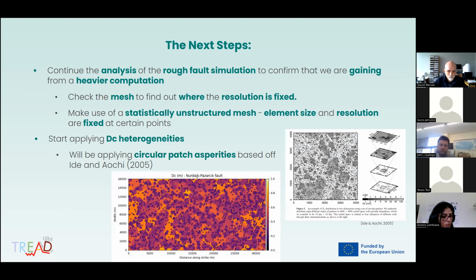And I've also more or less started the beginning phase of trying to vary DC, where we're actually going to follow an approach taken by Ida and Ohnaka, where they applied circular patch asperities. So basically, to have a complete variation of your DC size, you define different orders of patches on different scales.